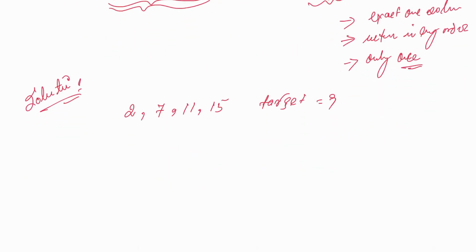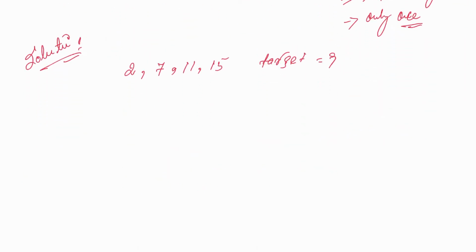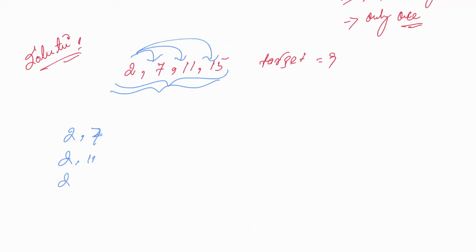First we will look at how many different combinations of pairs we can create. We can create 2 and 7, 2 and 11, and 2 and 15. Another set of pairs: 7 and 2, 7 and 11, and 7 and 15. The third set: 11 and 15, 11 and 7, and 11 and 2.